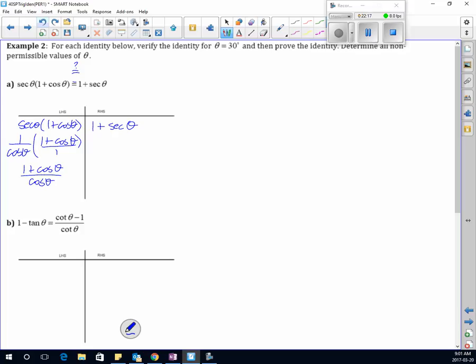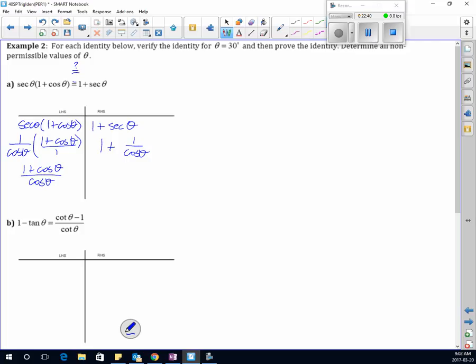So anyways, secant theta on this side, we could, what? Change to cos. So 1 plus 1 over cos theta. It looks very similar to the left side, but it's not quite there yet, hey? So what do you think we should do next?